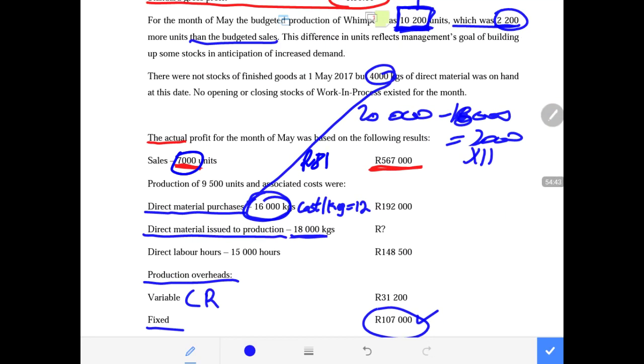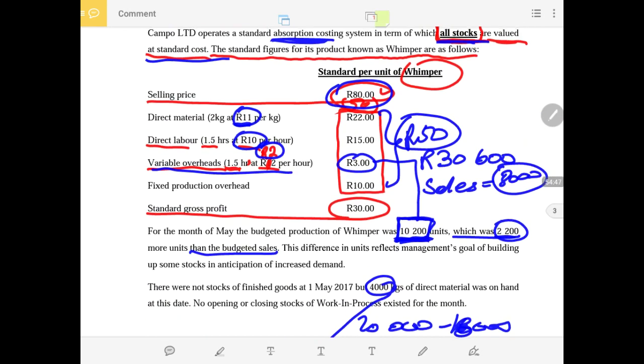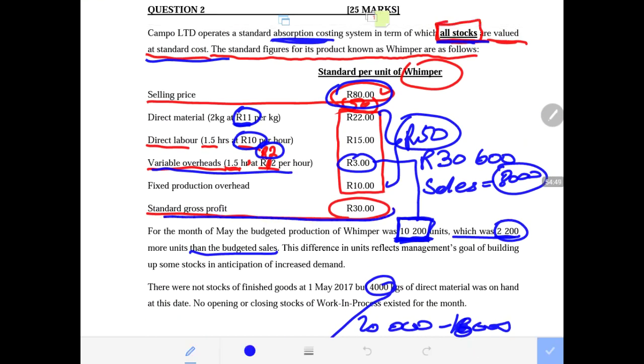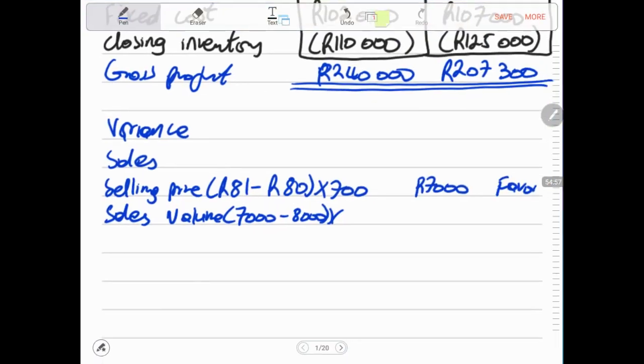When it comes to the volume, we always use the standard gross profit, and the standard gross profit is 30 Rand. Always make sure you use 30 Rand, not the 80 Rand. Standard gross profit is sales minus cost of sales per unit. So now we multiply this by 30 Rand and we get an unfavorable variance.